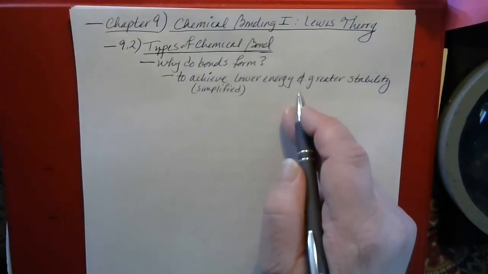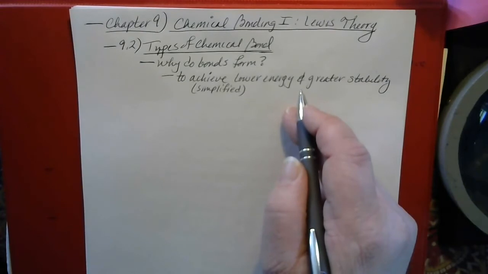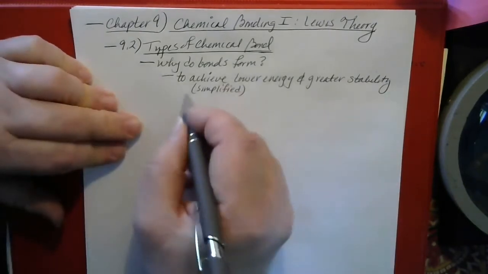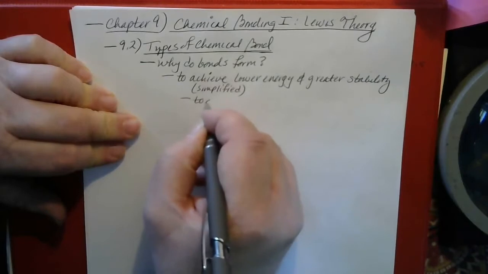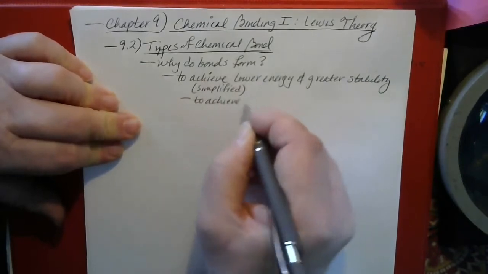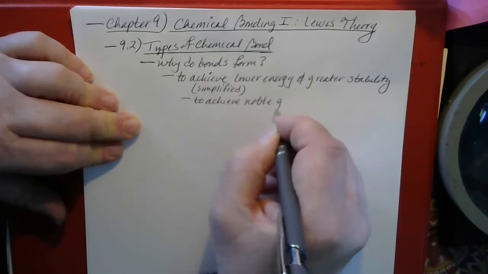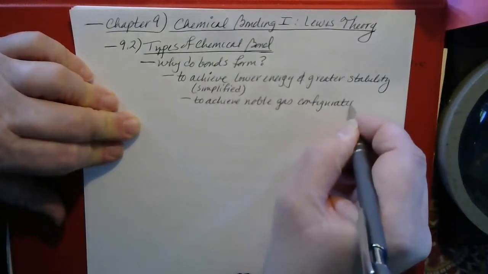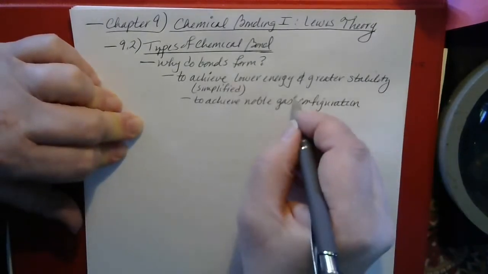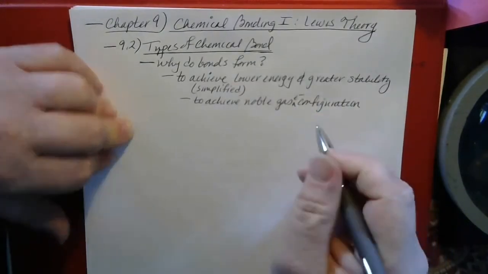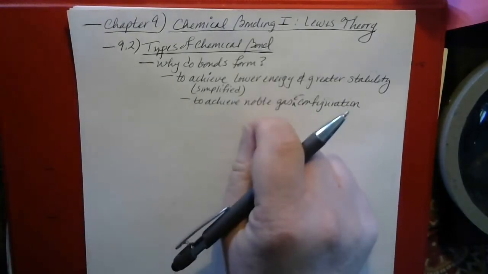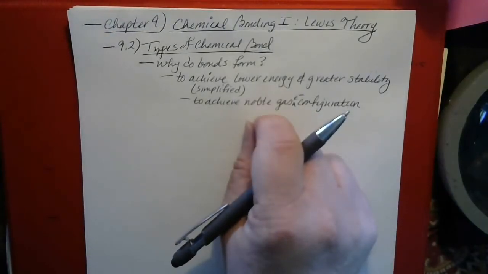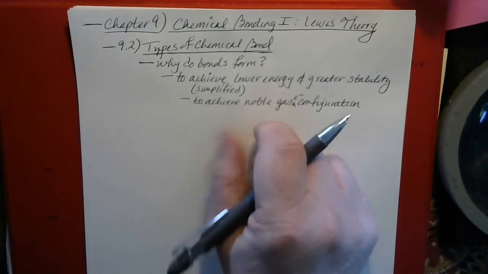You'll have elements that want to achieve a noble gas electron configuration, and they don't have one on their own. But a noble gas electron configuration would allow them to be very stable, and so they tend to want to achieve that situation.